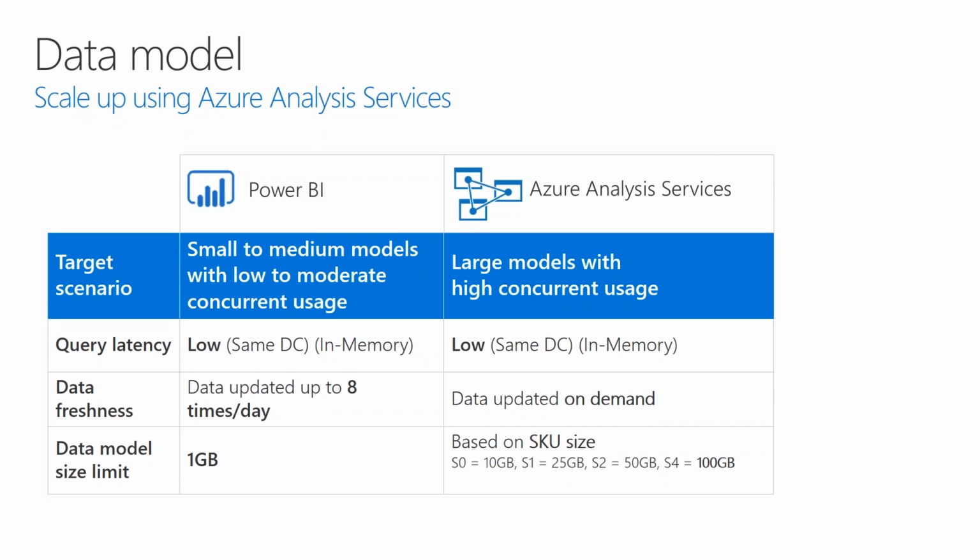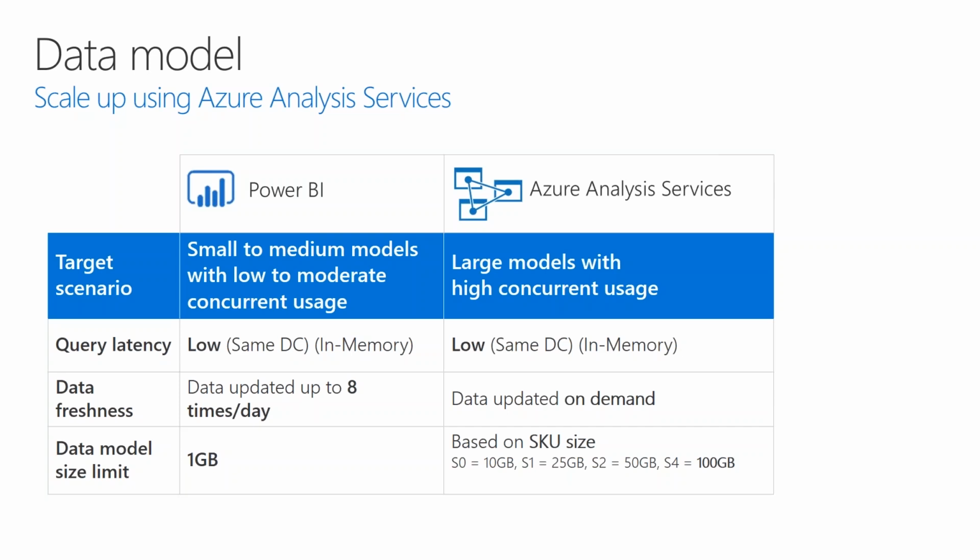It allows you to connect multiple Power BI models into the same Analysis Services model, so you can reuse that model multiple times. And also there's a lot of functionality around security that we can build into Azure Analysis Services, where we drive security based off the users, and it makes it a little bit more secure and more robust than what we have available to us inside the Power BI tool.